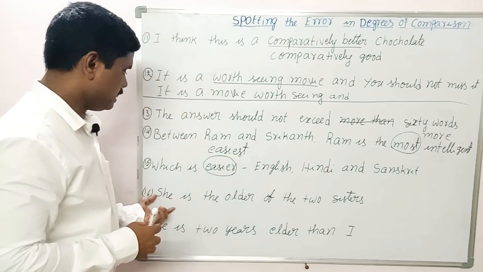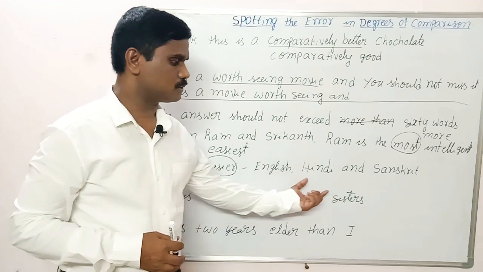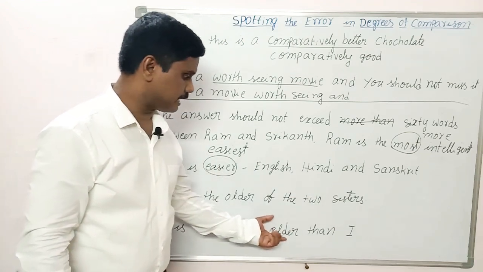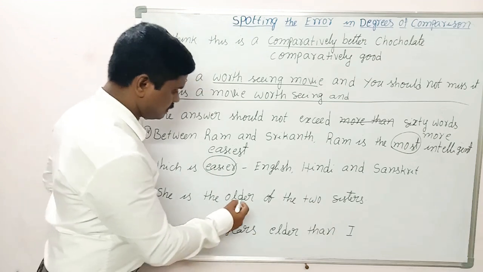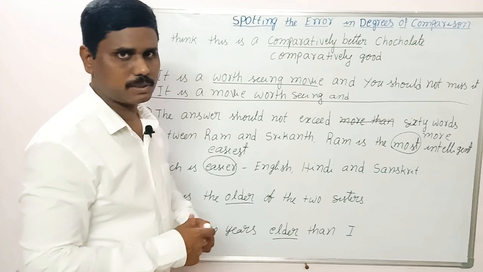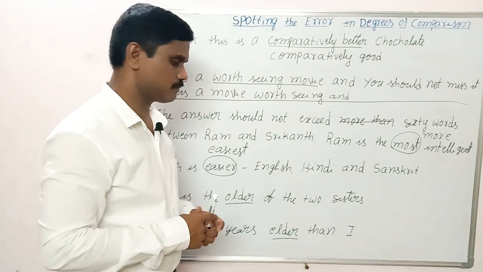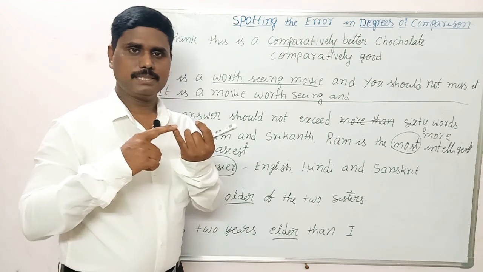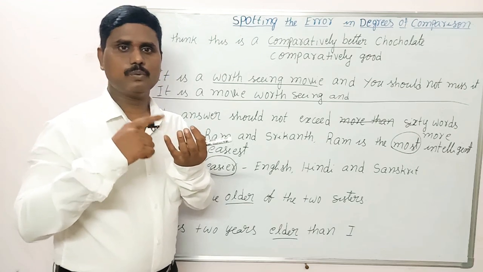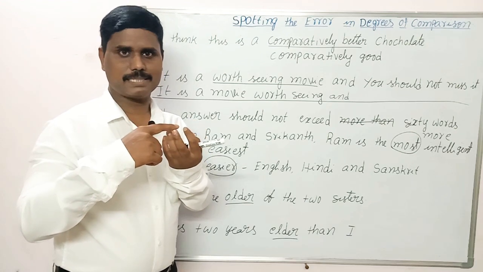Now let us see. She is the older of the 2 sisters. Wrong. He is 2 years elder than I. Here this is wrong. Let me give you the concept. The concept is: old, adjective 1. Old, older, oldest. Old, elder, eldest.